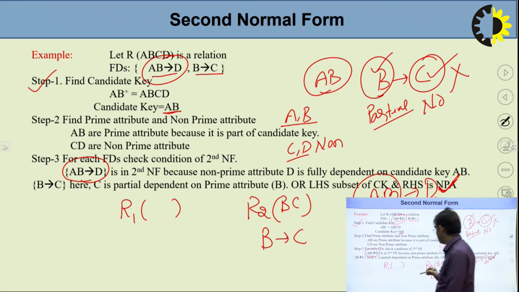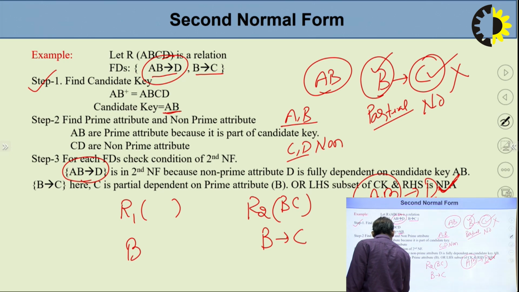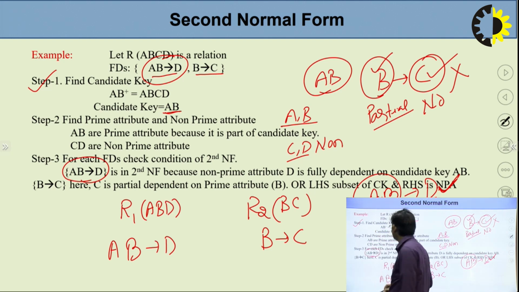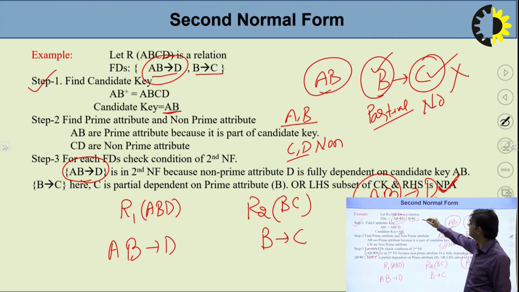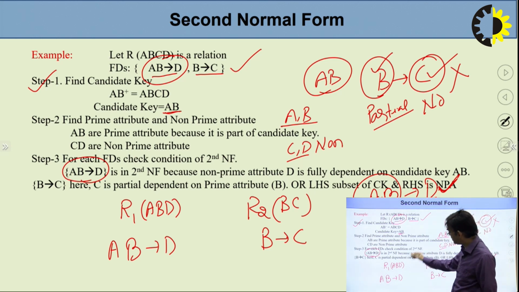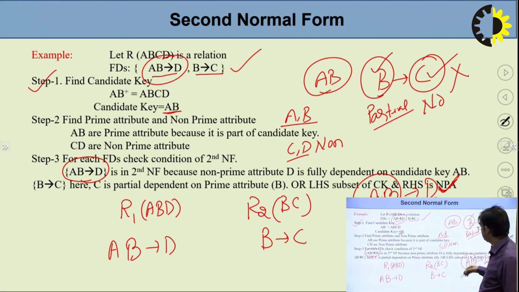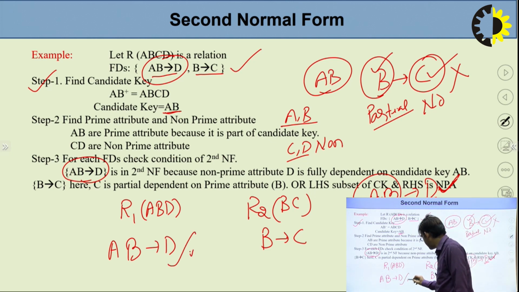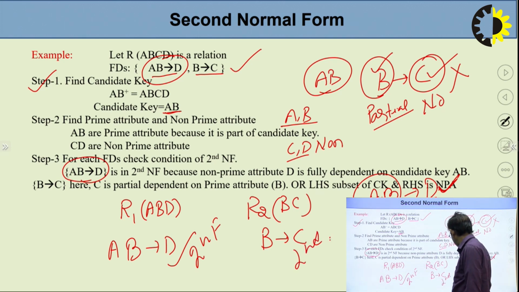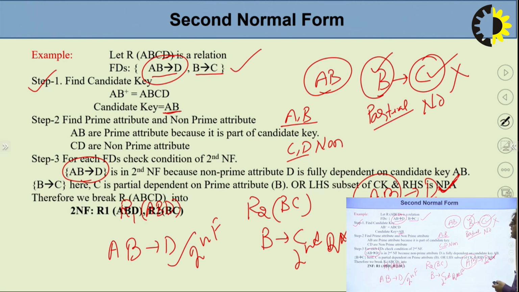And the second, R1, for AB tends to D, contains A, B, D. So we have converted this relation into two different relations, and this one is in second NF and this one is also in second NF. Both are in second normal form. Now we have to take one more example.